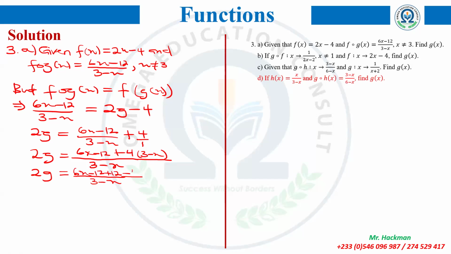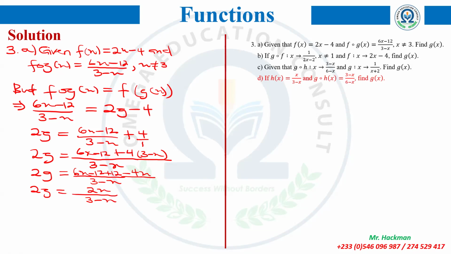Do you agree? Yes. So we end up getting 2g is equal to the denominator, little or no work. You write that one first, that's what I do. Then I go and use my energy on the numerator. So the minus 12 plus 12 will go. I'll end up getting 6x minus 4x, and that will give me 2x. All correct.